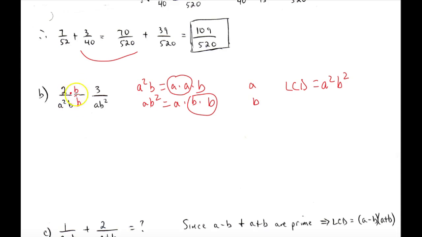So we multiply the first rational expression by b over b, and then the second one by a over a. And so when we do that, we end up having 2b minus 3a all over a squared b squared. And we know that because here the b times b gives us b squared, and the a times a gives us a squared there.